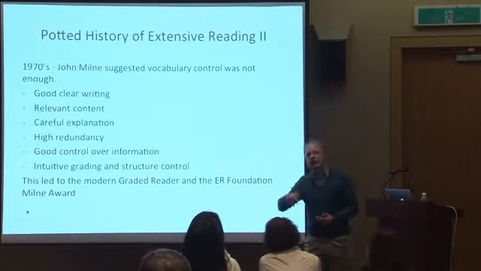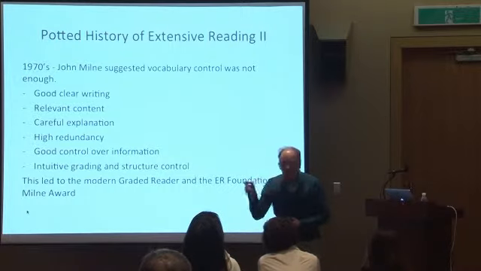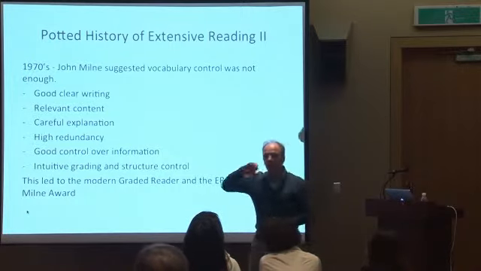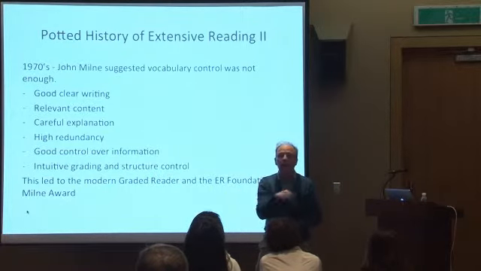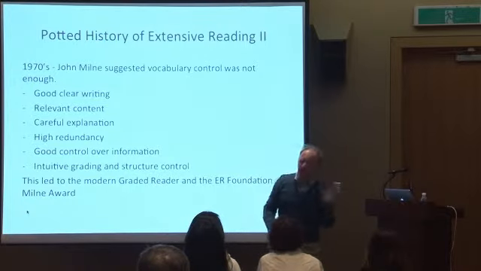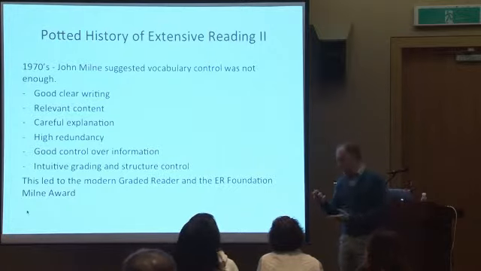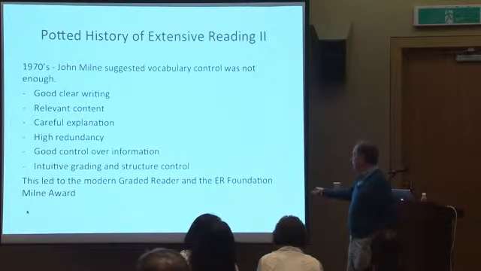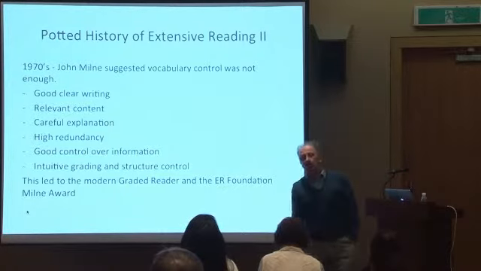So the idea is the writer would say, look, I'm writing for an intermediate level student. I'm going to imagine the student Jisung, and I'm going to write to Jisung, because I know Jisung is an elementary level or intermediate level student. So intuitive writing. We don't worry too much about the grammar. So this led to the modern graded reader, which we're all familiar with at the moment, and to the Extensive Reading Foundation Milne Award, which is for excellent contributions to extensive reading.